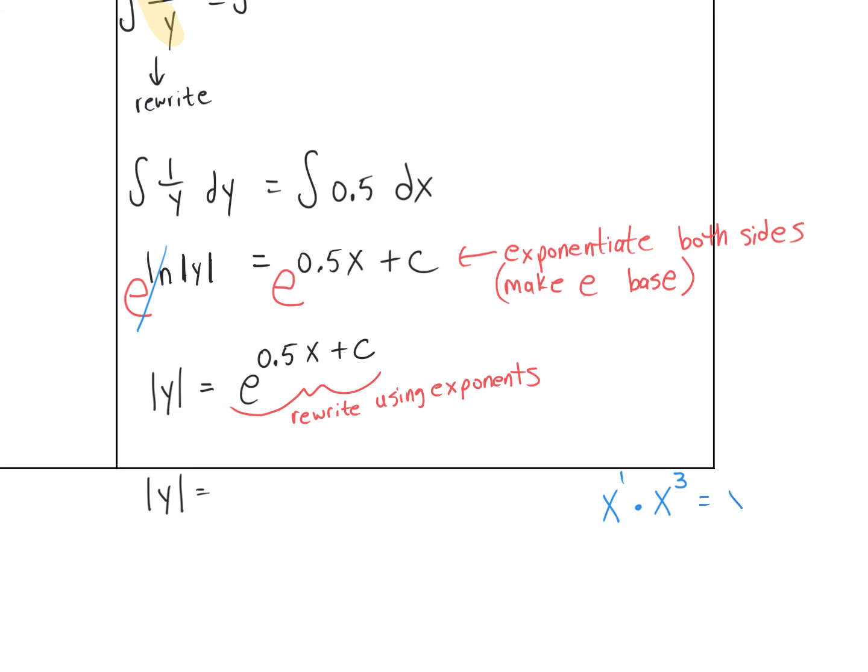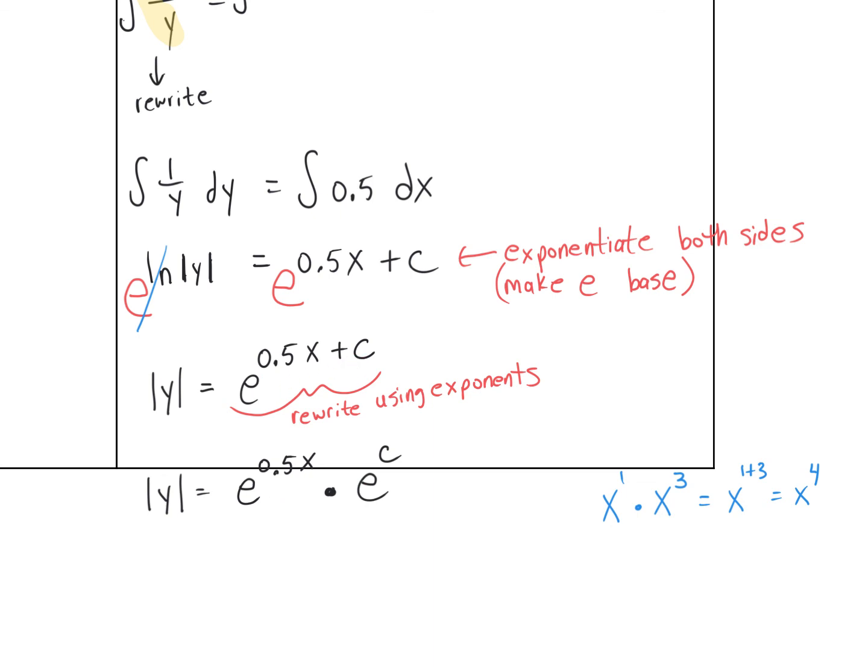So x to the 1 times x to the 3 is equal to x to the 1 plus 3, which is equal to x to the 4th. You have to remember that rule. So now using that rule, I'm going to rewrite this side like this. It's going to be e to the 0.5x times e to the c. So now you can see I'm multiplying two exponents that have the same base. This is equivalent to this.